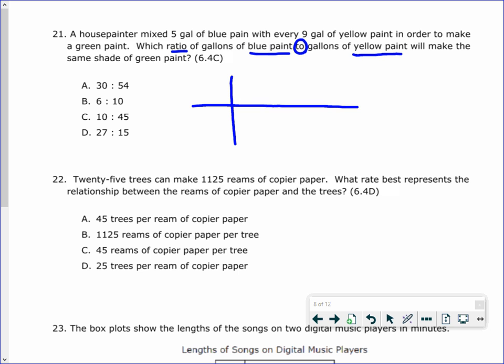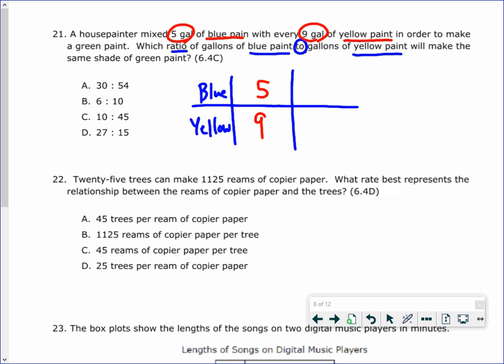So when we make our ratio table here, it's going to be blue to yellow. And let's figure out our given here. We have 5 gallons of blue. And we have 9 of yellow. So 5 to 9.